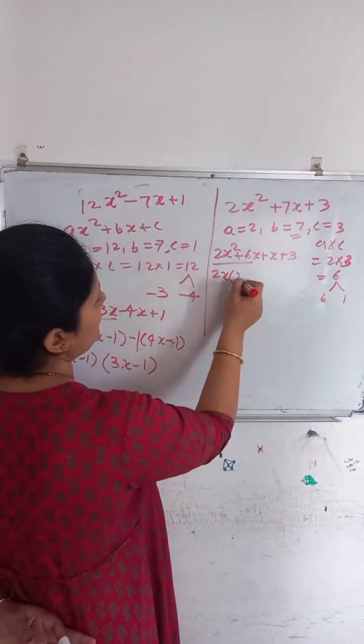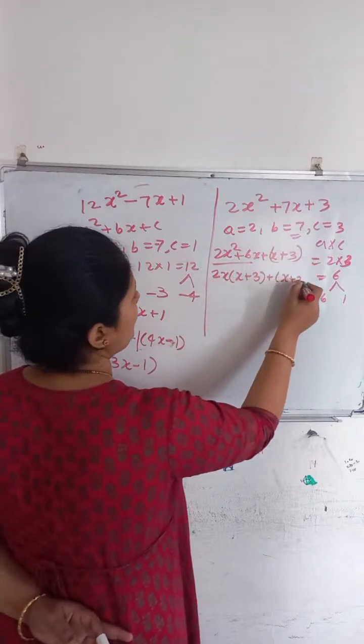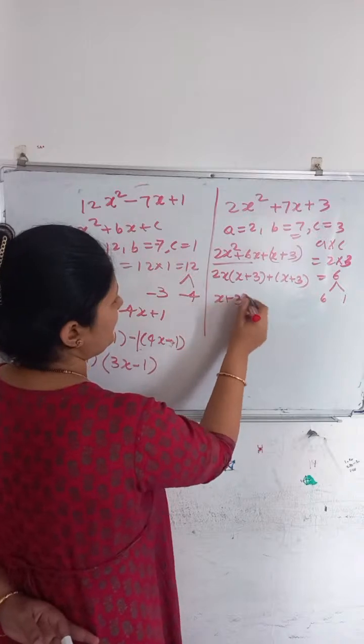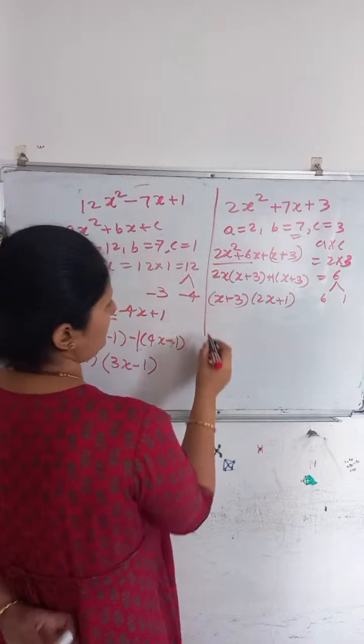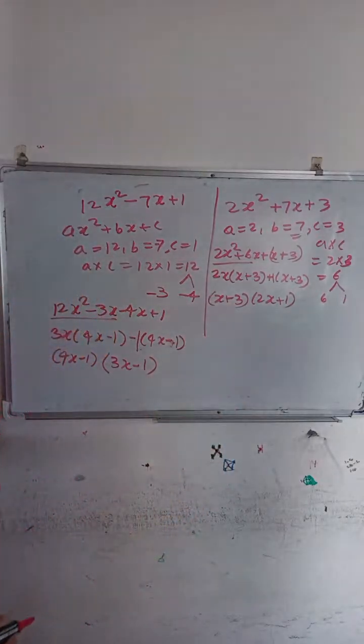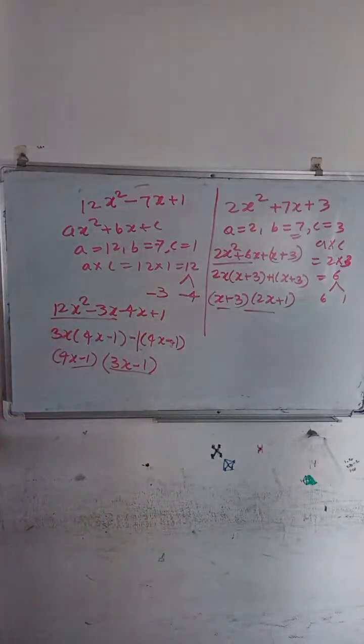Take 2x common: 2x(x + 3), and the bracket x + 3 remains. So take (x + 3) out, and we have (2x + 1). This is your answer, and these are the factors. These questions are very, very important.